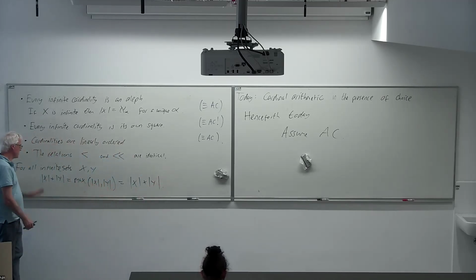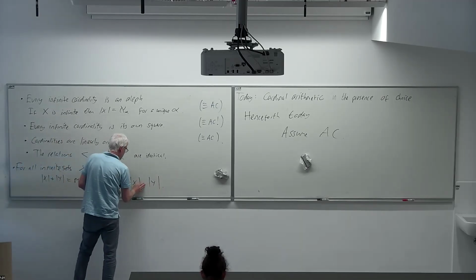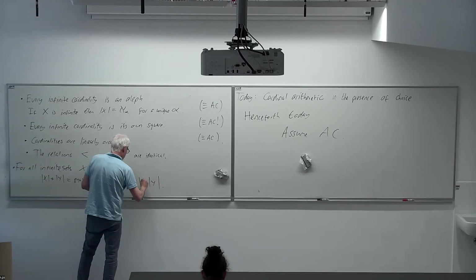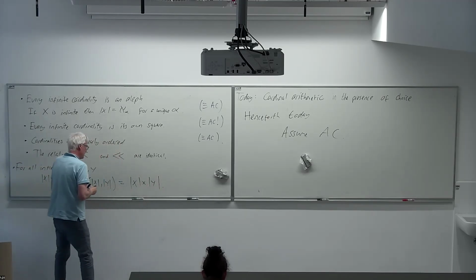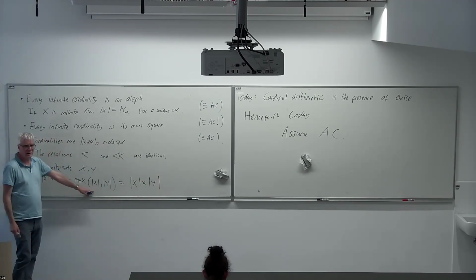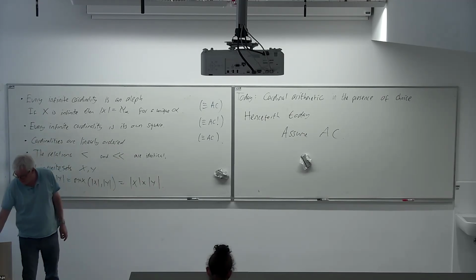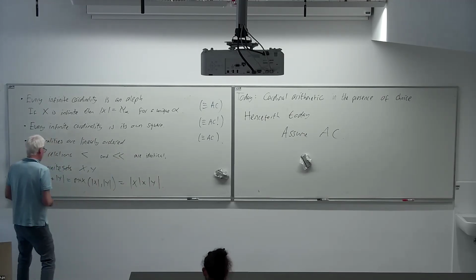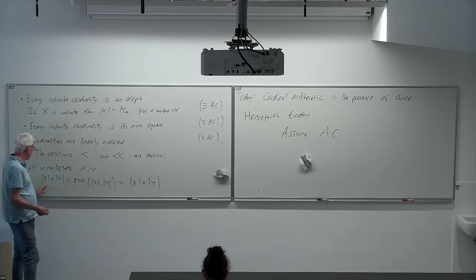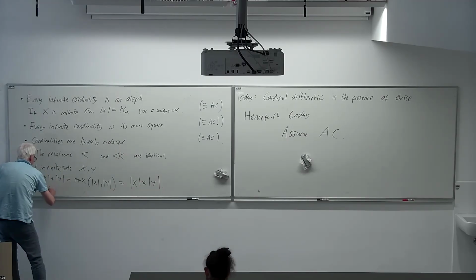So sums and products have a very simple rule for calculating the cardinality. You have aleph alpha plus aleph beta.